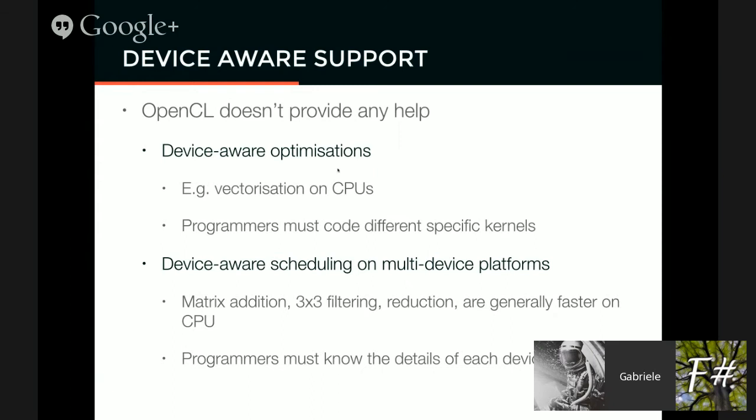So it's better to run on CPU. But other computations, like, just simply put, matrix multiplication, are heavily faster on a GPU. So the programmer takes the burden to understand the machine and to determine where to execute each computation. And we do want to avoid this.